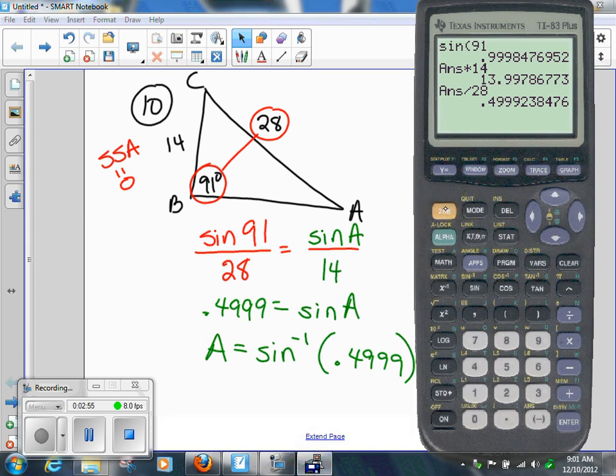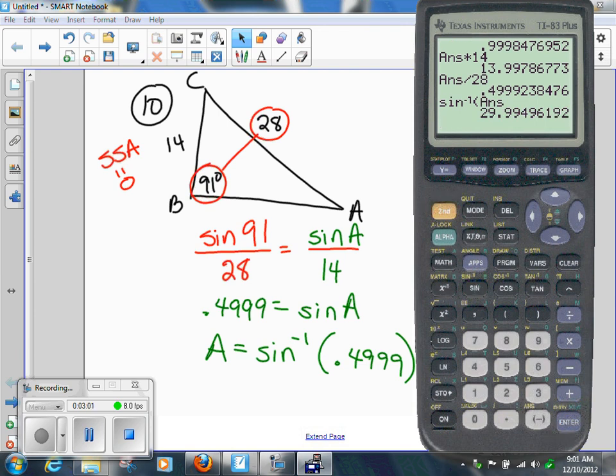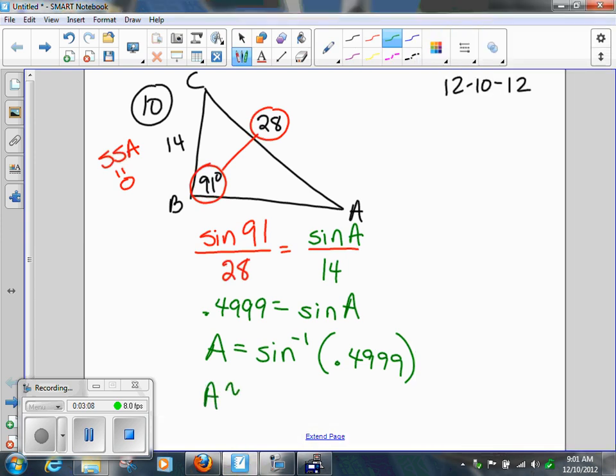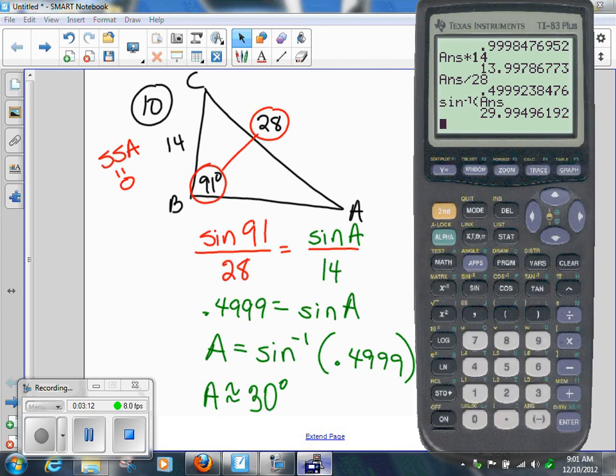I'm going to find the inverse sine of my answer, and it gives me 29.99, which is 30. Or 30.0. Megan, you need to see that because I know I didn't show my work. I did it all in the calculator. Okay? I was blowing that calculator up this morning.